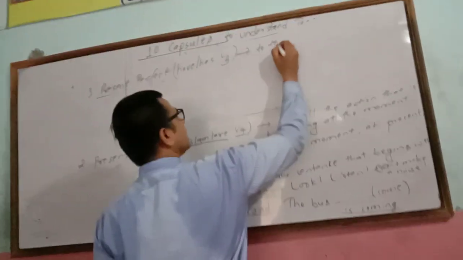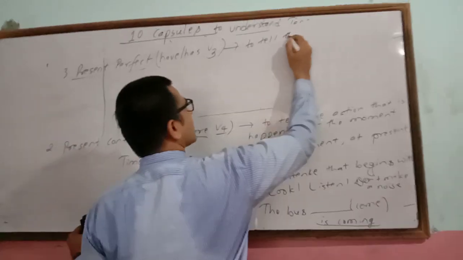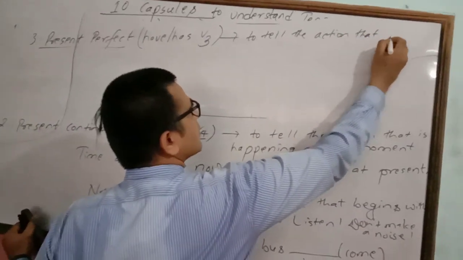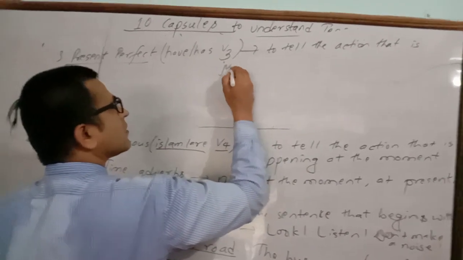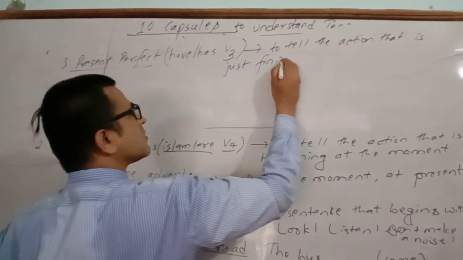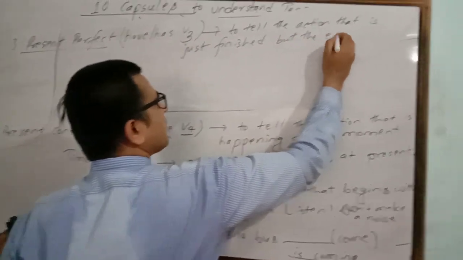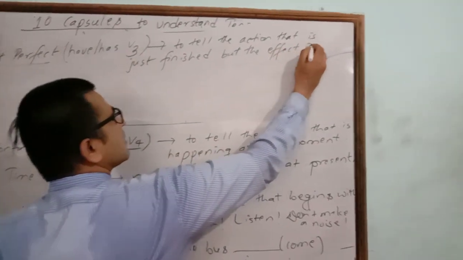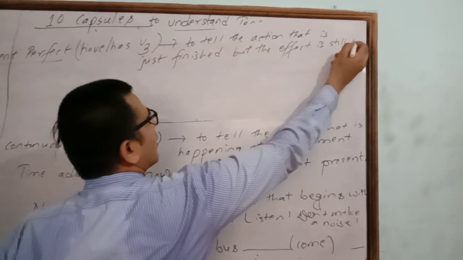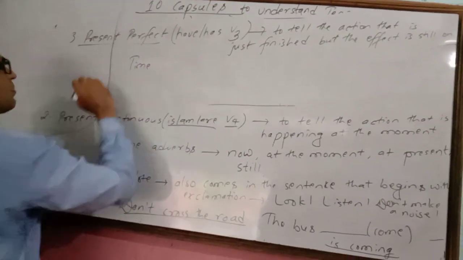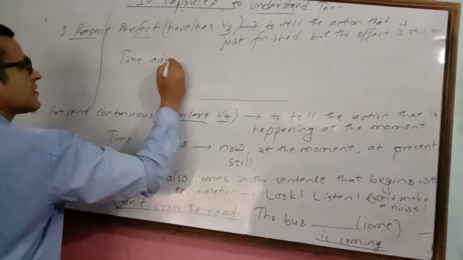To tell the action that has just finished, but the effect is still on. It is still on. And for the time verbs for present perfect, let us understand the time verbs.